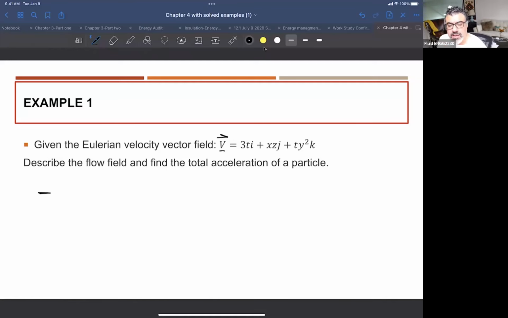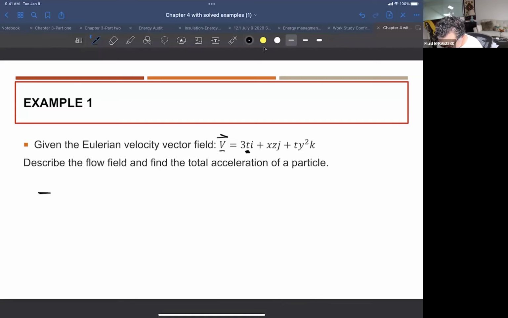Why? We call it unsteady. Why? Since it is changing. Complete the sentence: changing with what? With time. It's only t. Why is it changing with time? Because it's a function of t.